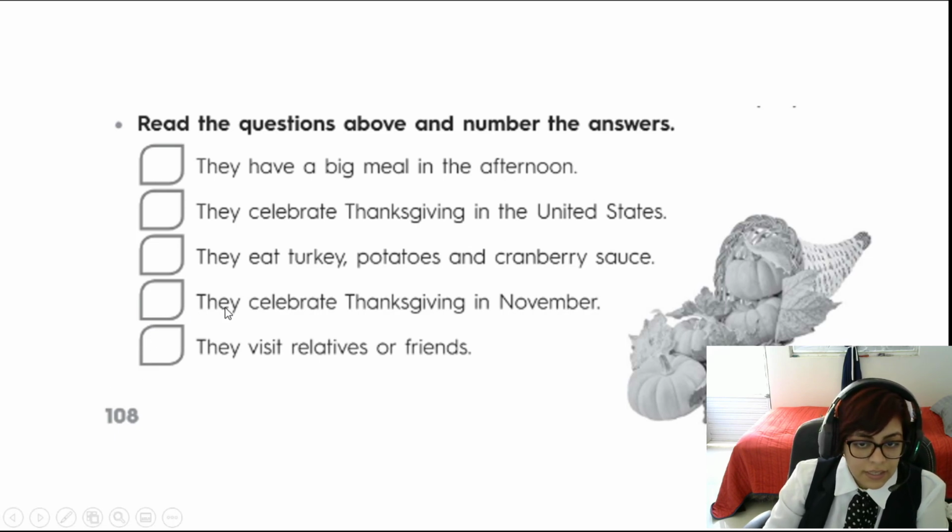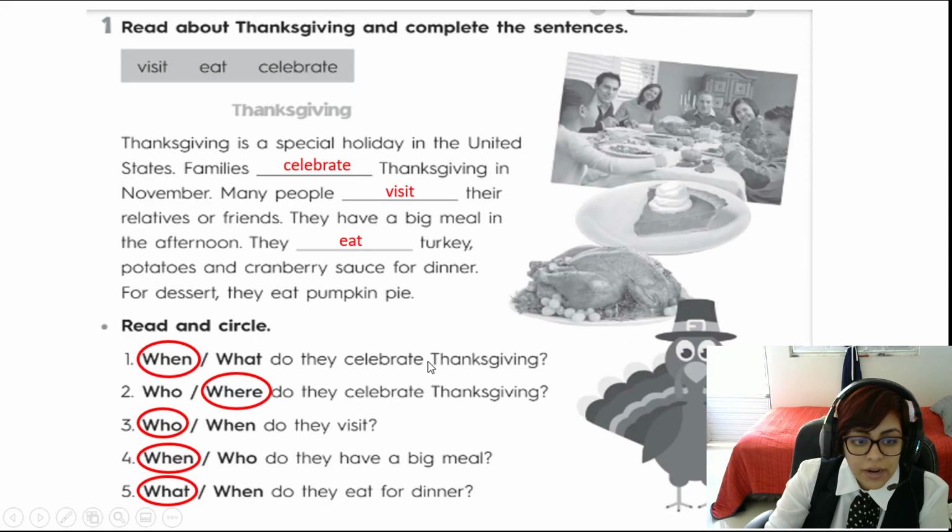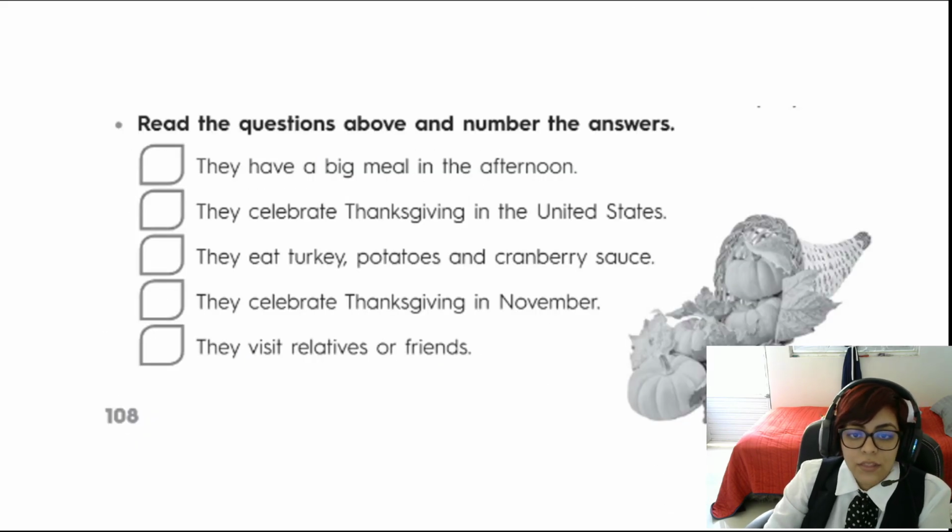It's this one, right? No, it is not. We're asking about when, not where. In what month do they celebrate it? It's this one. Number 1, they celebrate Thanksgiving in November.